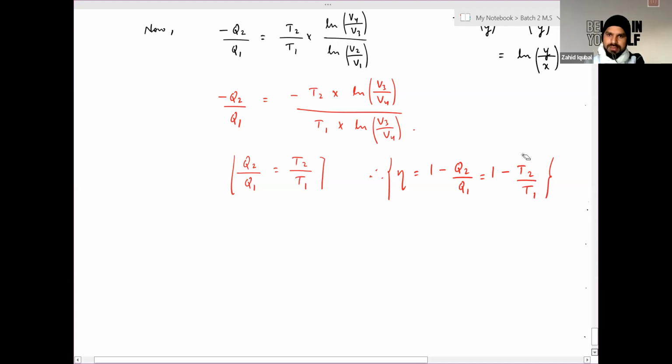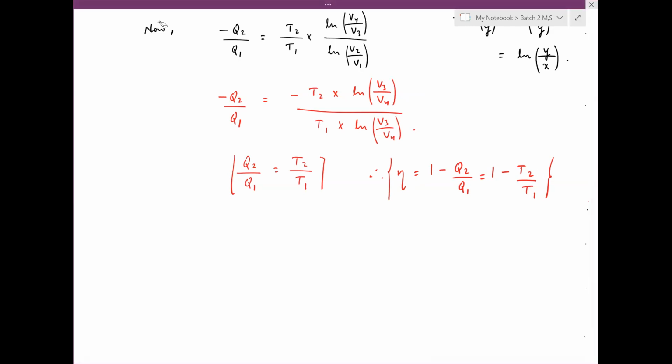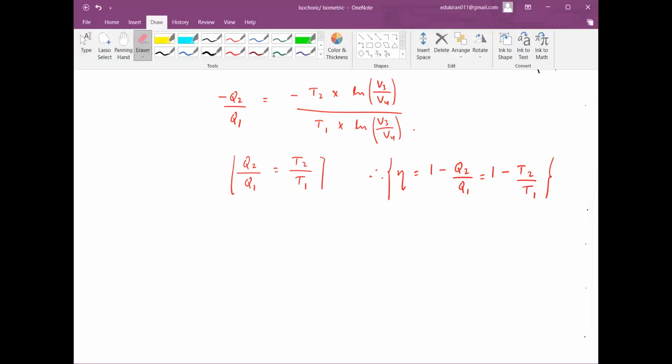So this entire fraction will become 0. So eta equals 1. But if T2 has to become 0 Kelvin, at 0 Kelvin there will be no existence of matter. So it can't be possible. Is it clear? Yes, sir.